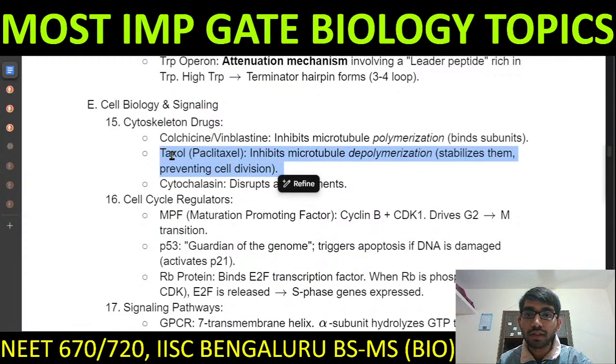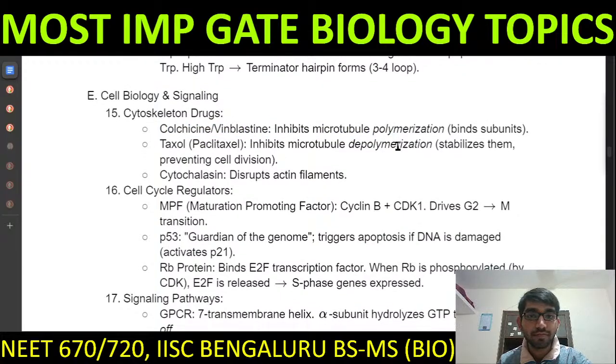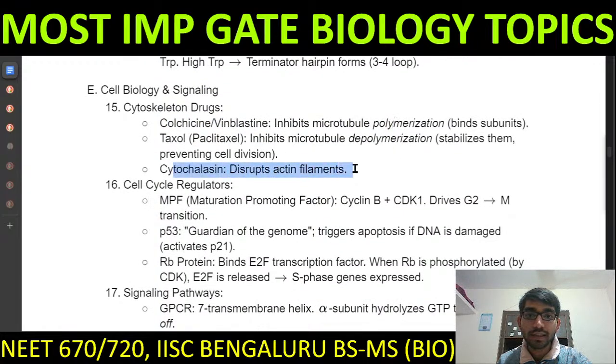So Taxol stops the cell division by preventing depolymerization, and colchicine stops the polymerization. Then cytochalasin disrupts the actin filament. So both of them work on microtubules, but cytochalasin works on actin, which is microfilament.